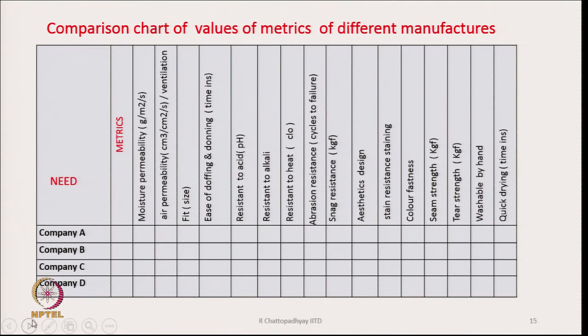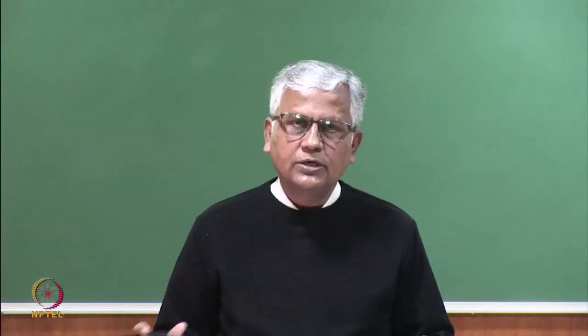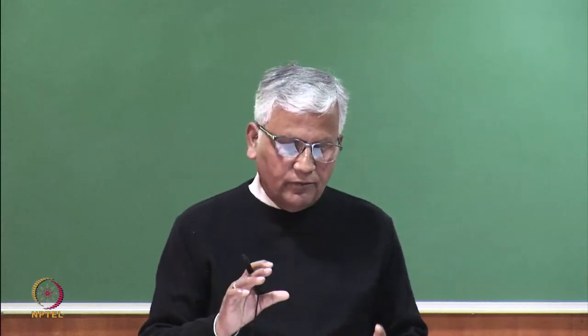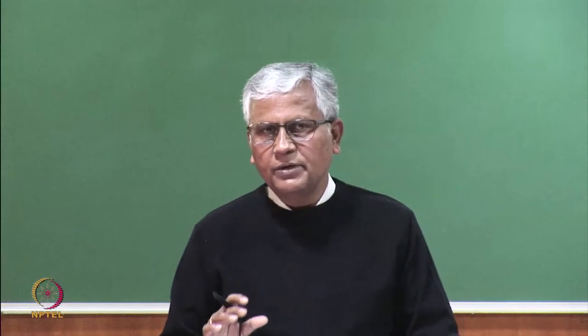Once we collect information from a product made by company A, regarding different metrics as stated in the different columns, for products made by company A, company B, company C, company D, and then we make a chart as shown here, then we can really compare which company is giving the best value for a particular metric and which company is giving the lowest value.